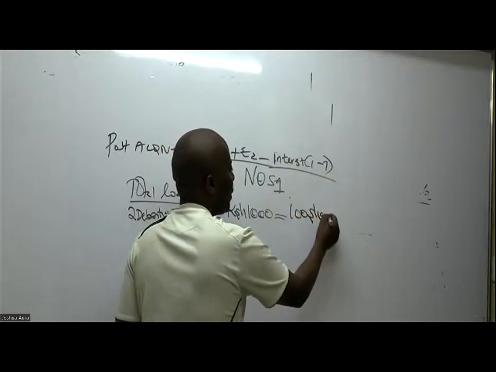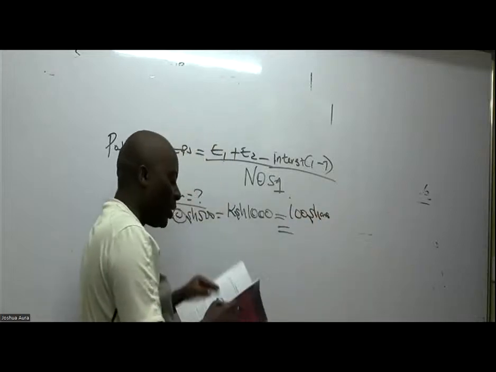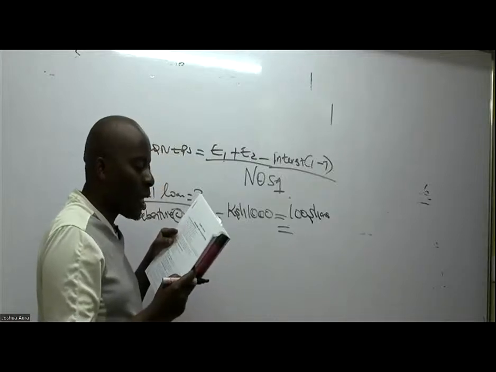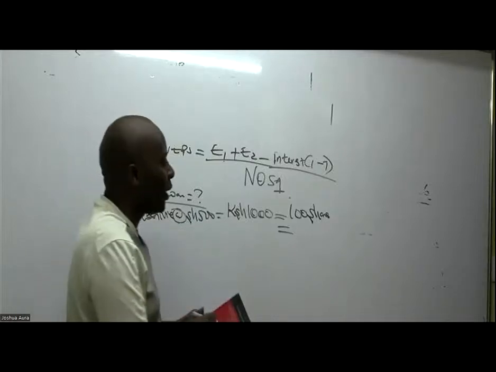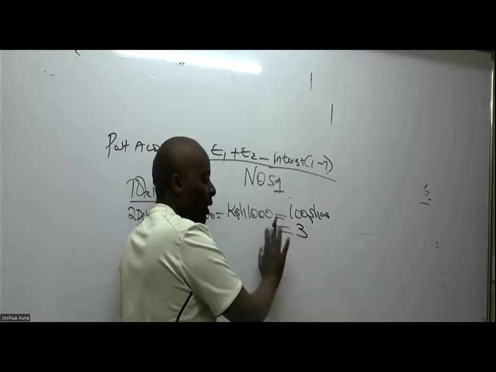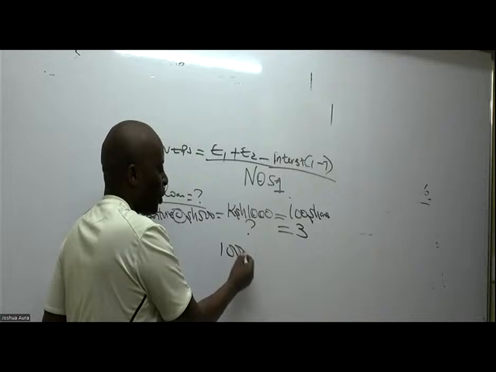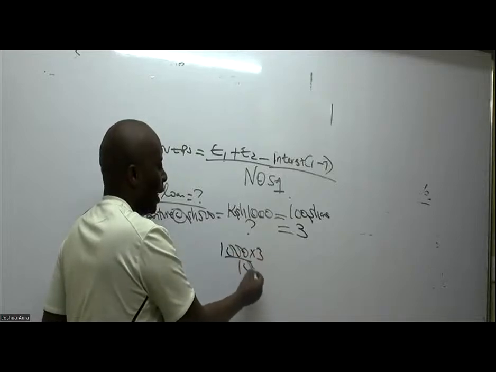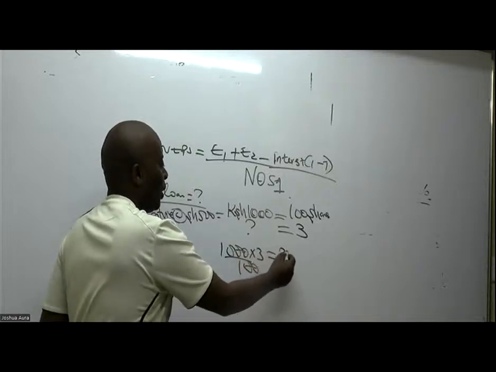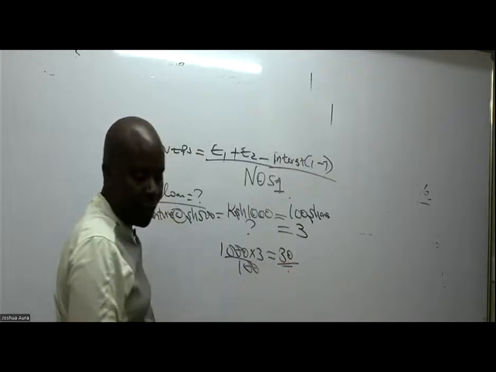How many shares does company 2 have outstanding in total? There are 3; you don't have to introduce the millions. So this will be 1,000 times 3 over 100, which gives us a total debt of 30.